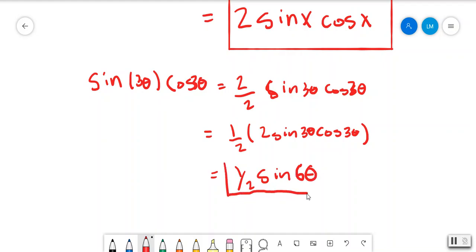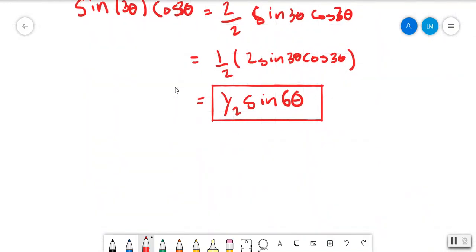So essentially I used my double angle identity and manipulated it so that I could rewrite it in a different way. That's what the remaining section looks like. It tells you to change some of the expressions. So be sure that you do look at the product to sum formulas that you have for those.